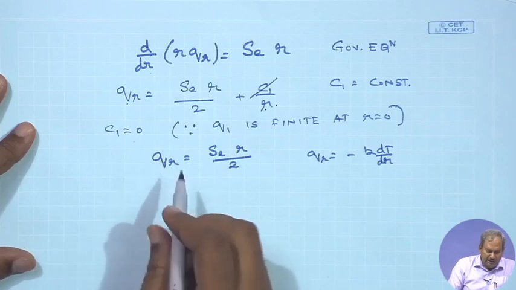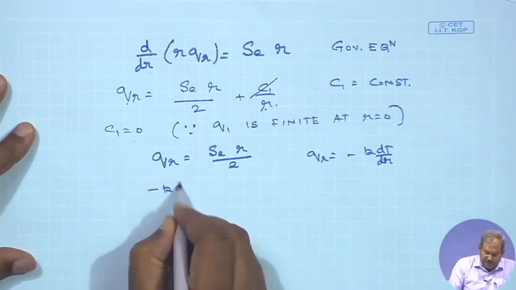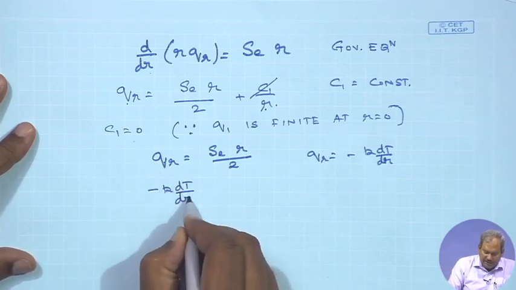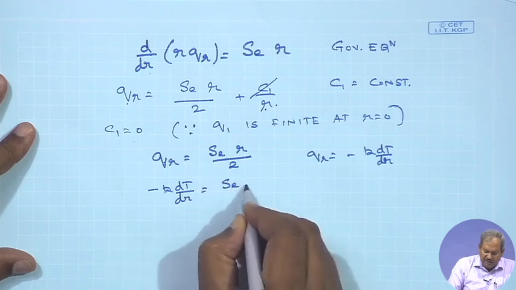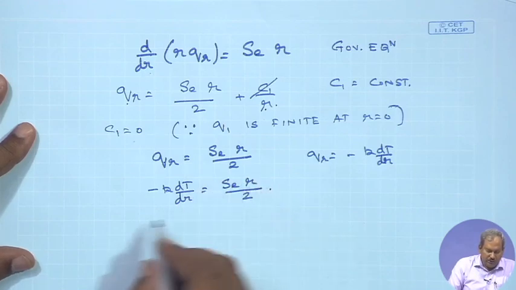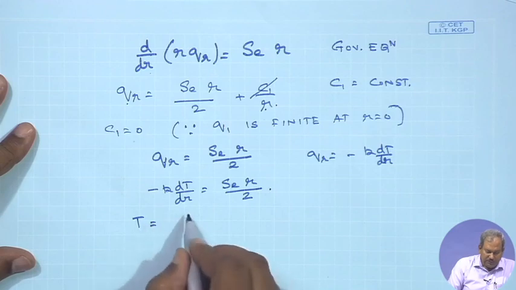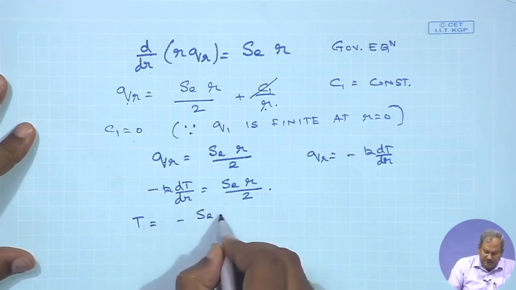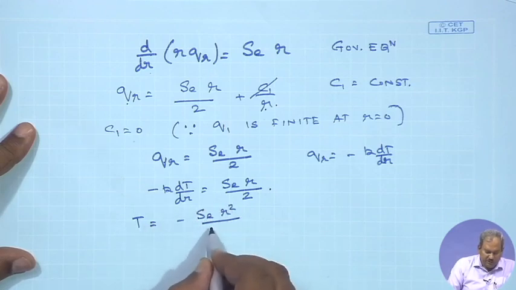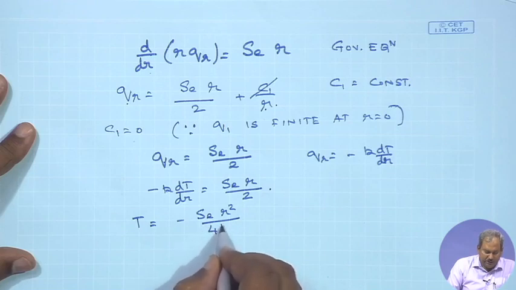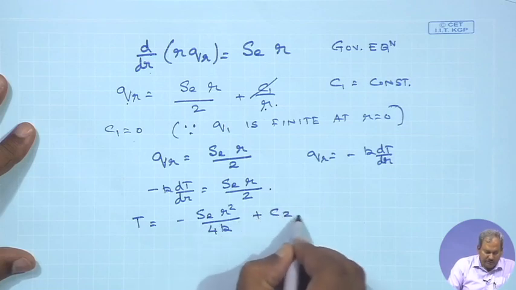in here, and what you would get is minus k times dT/dr is S_e r by 2, and you integrate it once to get minus S_e r square by 4k plus C2.